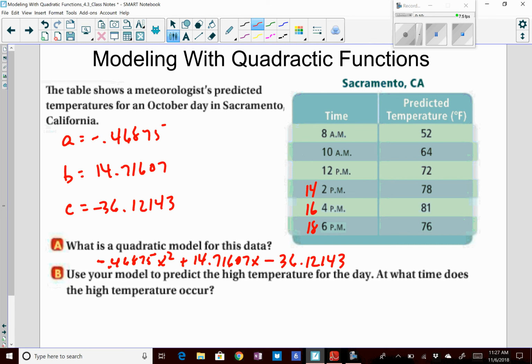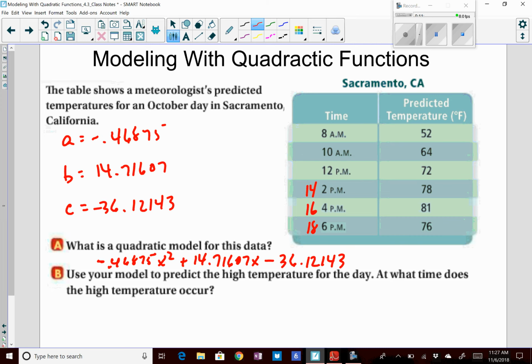All right, so there's our model. In part B, they want us to use the model to predict the high temperature for the day and at what time does it occur. All right, so to get the high temperature, we need to graph this and find the maximum, and that will give us the information that we're looking for.